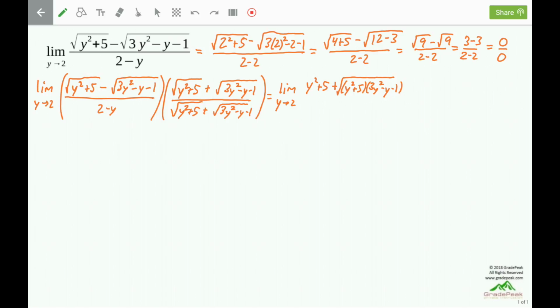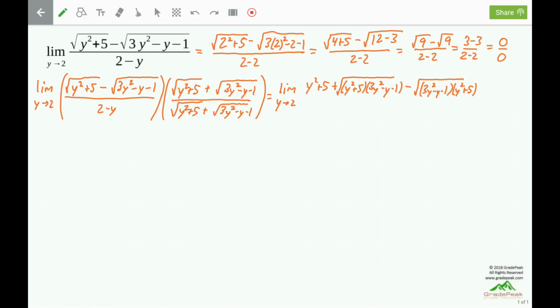Inside, negative root 3y squared minus y minus 1 times positive root y squared plus 5 will be a negative root of 3y squared minus y minus 1 times y squared plus 5.